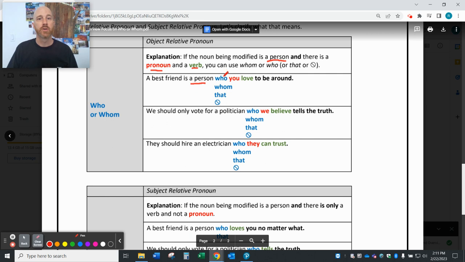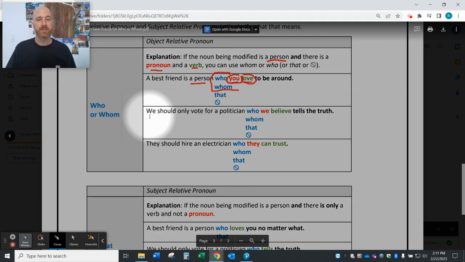A person who you love to be around. Here is a pronoun. Here is a verb. And so in this case, I can use who or whom. A best friend is a person whom you love to be around. Again, there's a pronoun and a verb in the adjective clause, and so I can use who or whom.